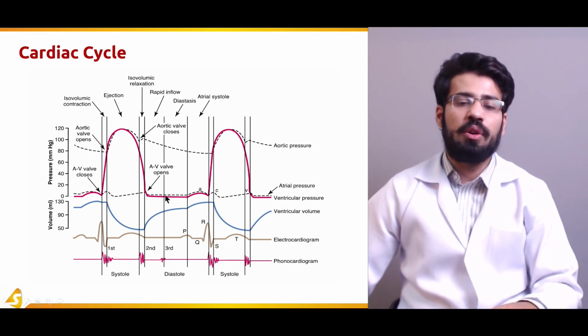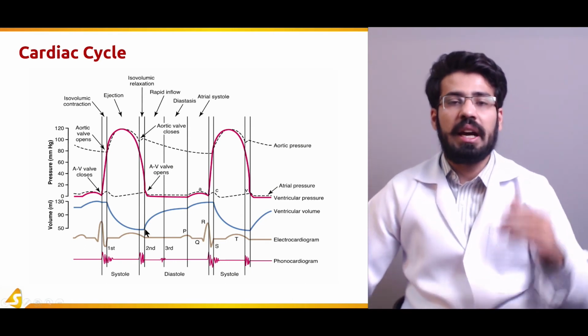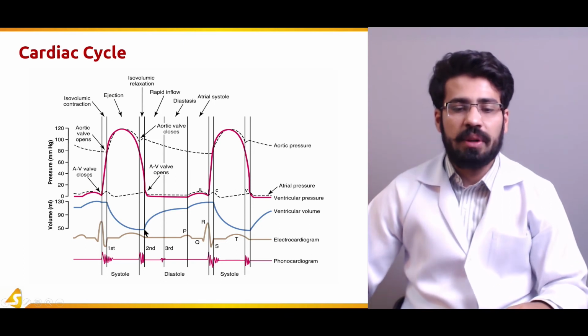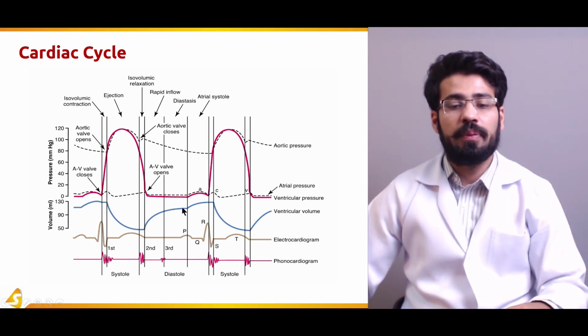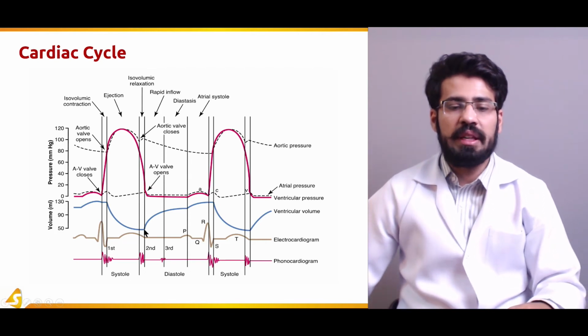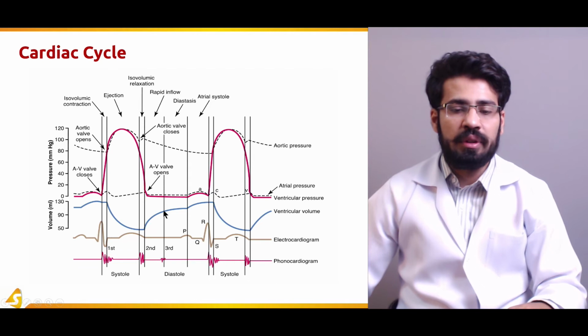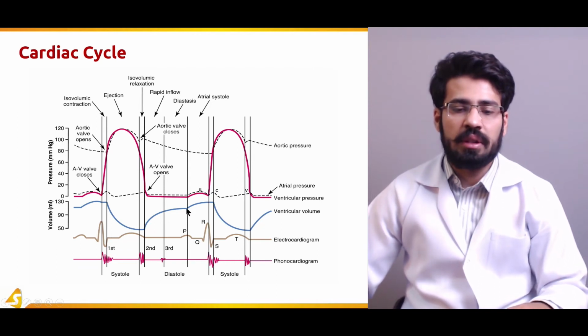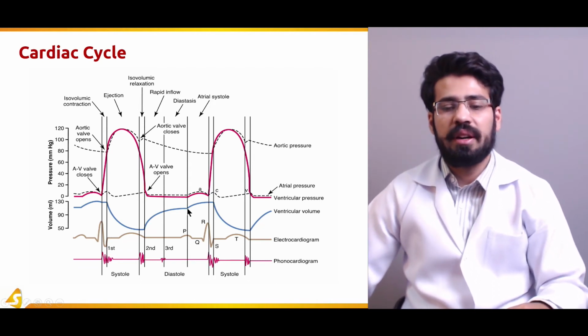The AV valves opening will cause the influx of the blood, and this will increase the volume, as shown here, from 50 ml to around 110 ml in the ventricles.